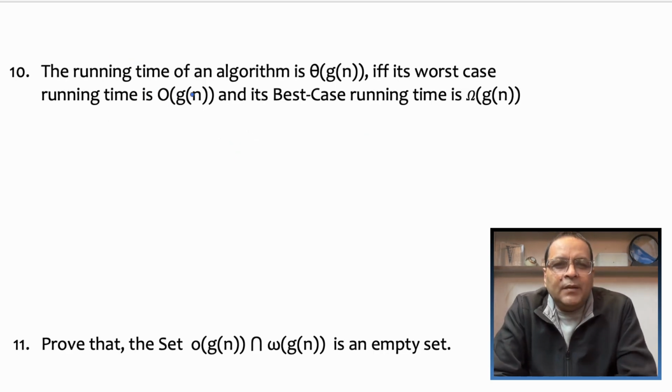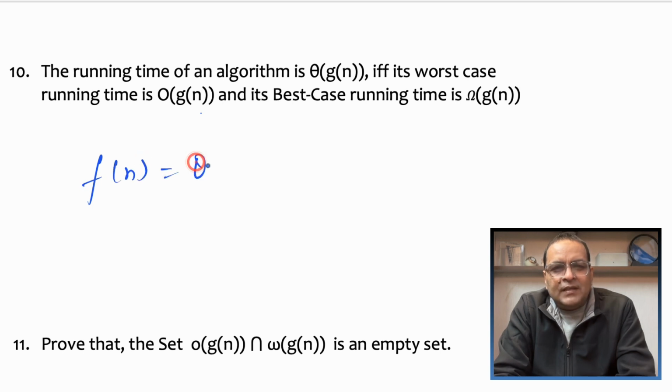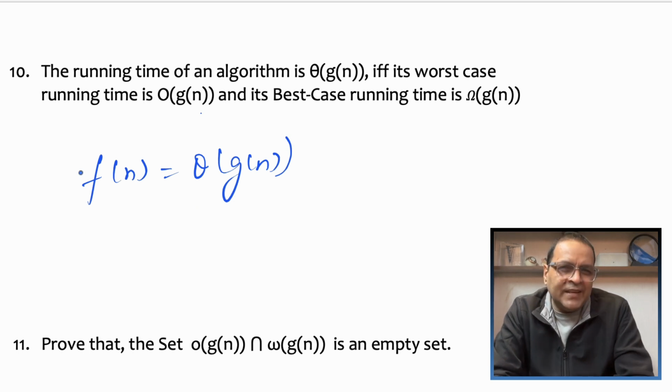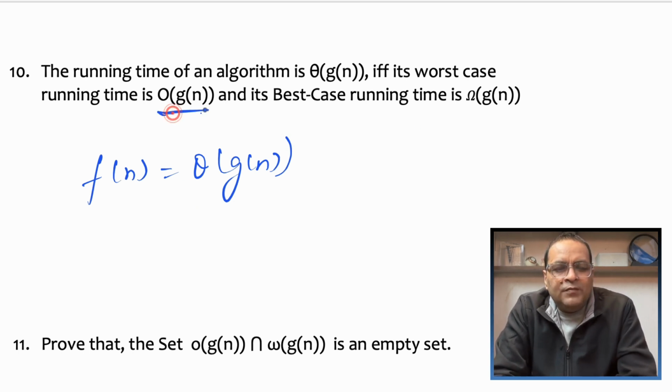Next question. The running time of an algorithm is theta of gn if and only if its worst case running time is big O of gn and its best case running time is omega of gn. So this is also correct. If we say that fn is theta of gn, it essentially means that fn and gn are equal. So big O of gn means it is less than or equal to gn, and omega of gn means it is greater than or equal to gn.